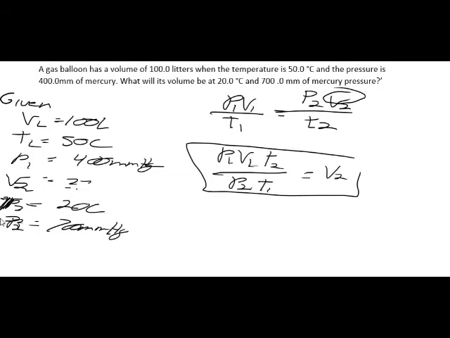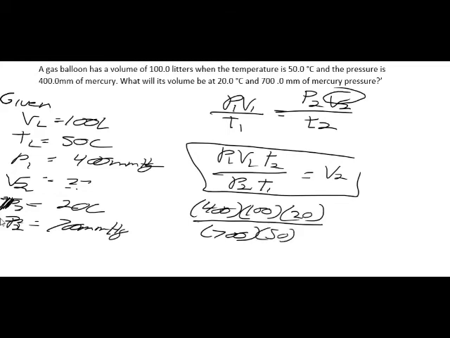We just transpose everything. So pressure 1 is 400, V1 is 100, T2 is 20, P2 is 700, and T1 is 50. Okay, let's solve this.